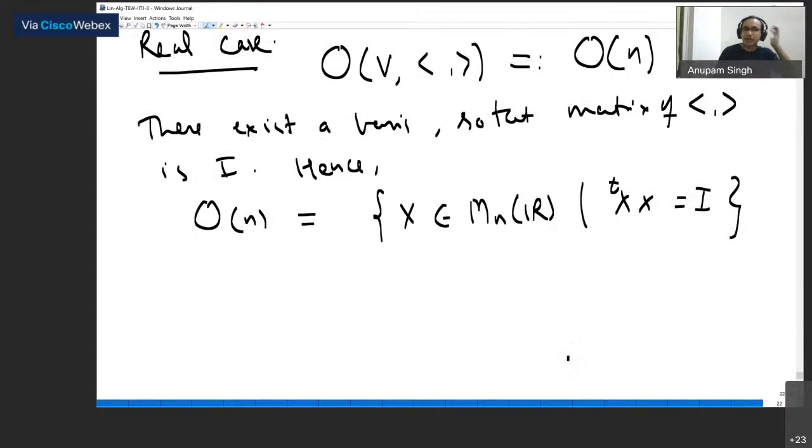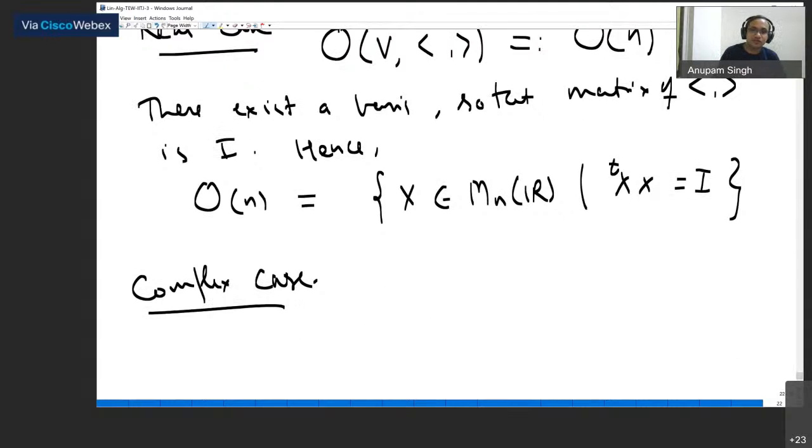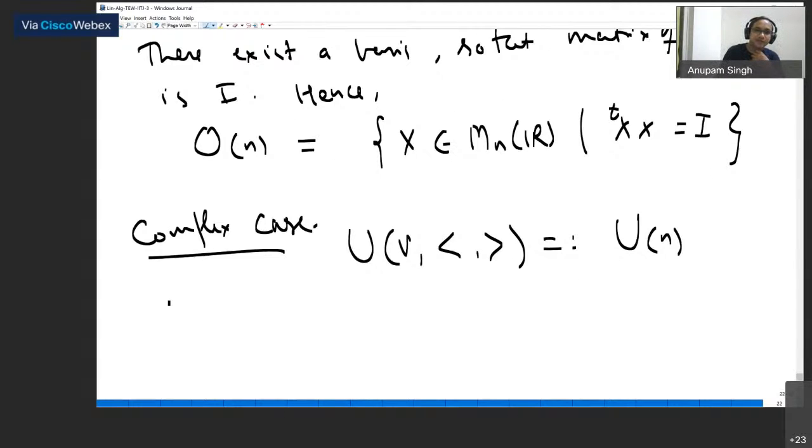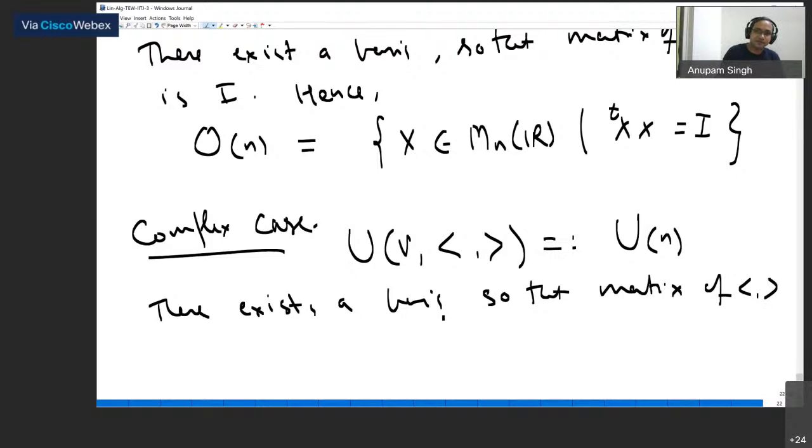Yeah? And what happens in the complex case? In the complex case, we have the unitary group, U(V, H), where H is the Hermitian form. This is also simply denoted as U_n classically, I mean, in regular textbooks. And again, as I explained, there exists a basis so that the matrix of this is identity.